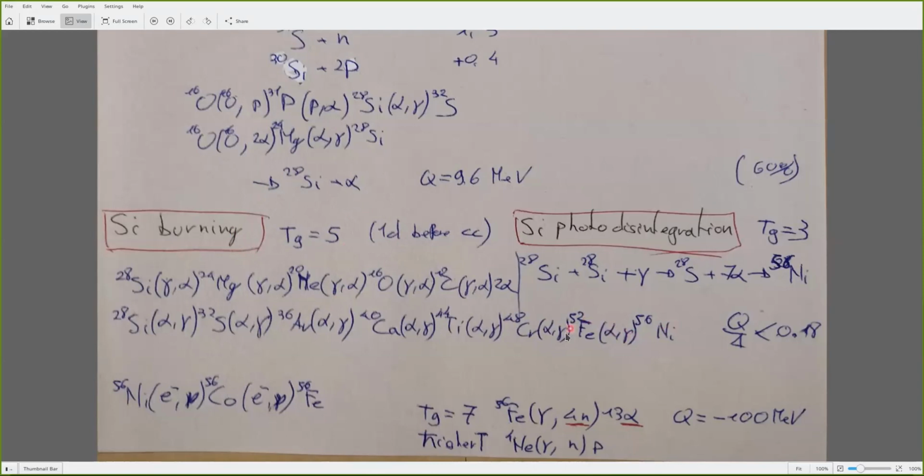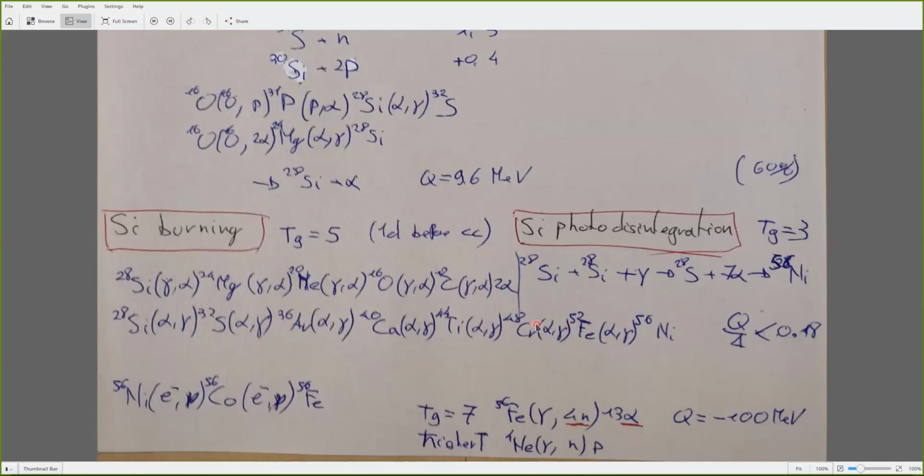There is an equilibrium here, because we have the destruction of the silicon this way, then production the other way, so there is a certain equilibrium with production of several elements. Mainly, the production of iron actually comes later when the star collapses and explodes as a supernova.